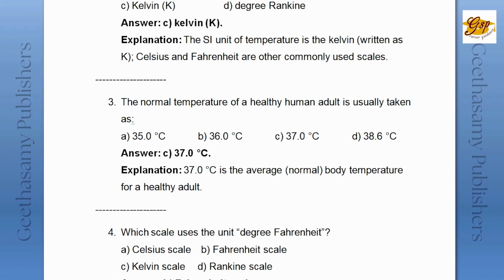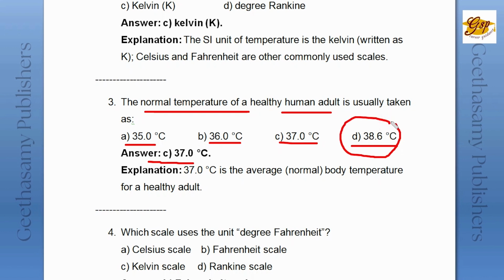Third question: the normal temperature of a healthy human adult is usually taken as 35, 36, 37, or 38.6 degrees centigrade. Answer is 37. Here they are confusing; normally we write 36.9 degrees centigrade, but now it's 37.